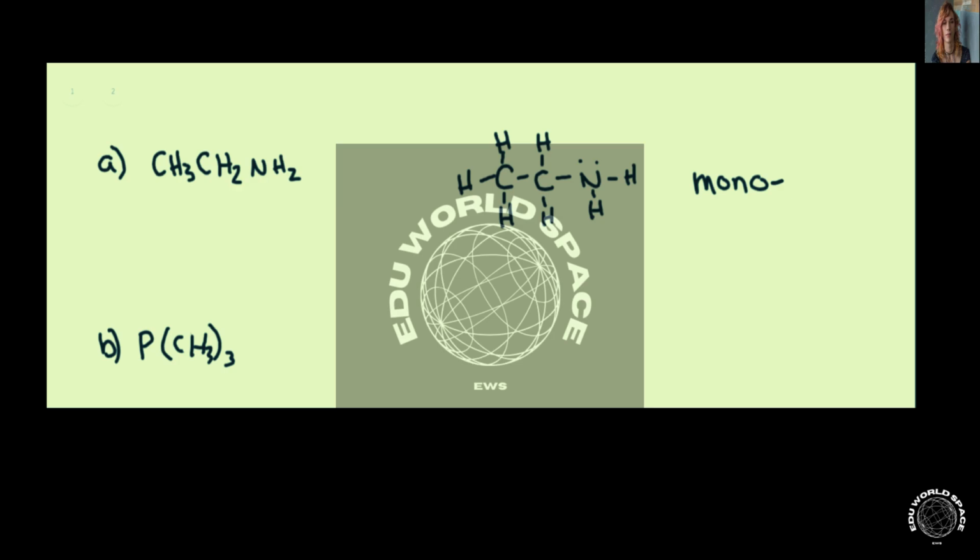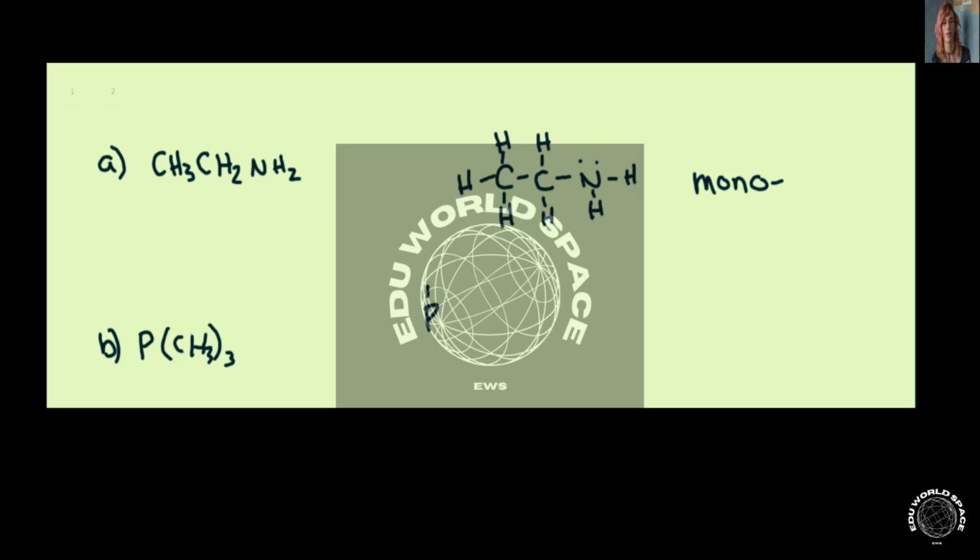This next molecule, the trimethylphosphine, again, we're going to go left to right. So we're going to start with the phosphorus, so P, and then we have three CH3 groups.